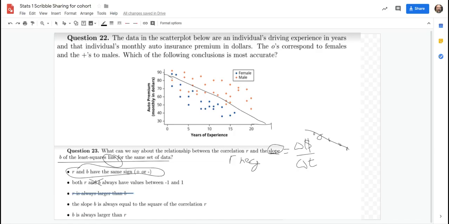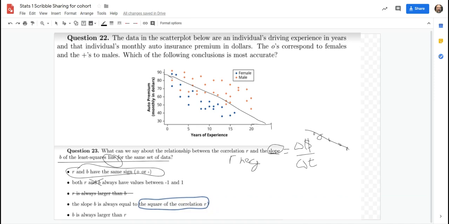Fourth, the slope B is always equal to the square of the correlation R. They have brought in something else that might ring a bell with you. It might resonate with something you remember about correlation, but it's not the slope B. Again, the slope B is the number according to the data.